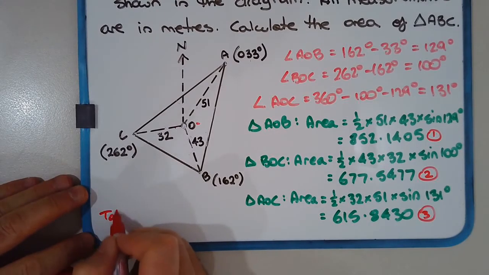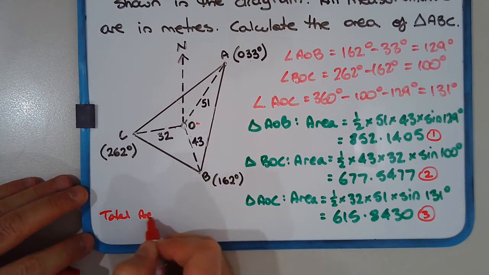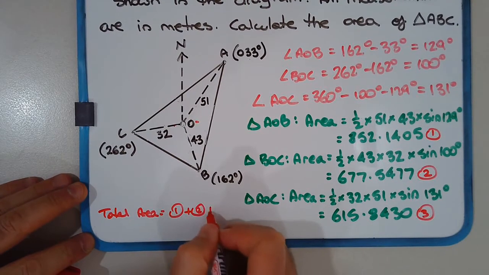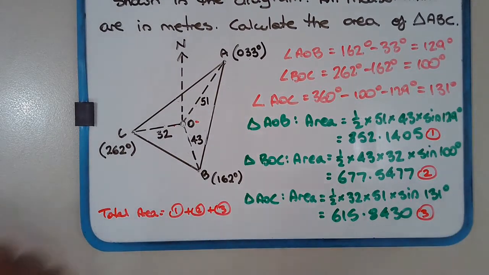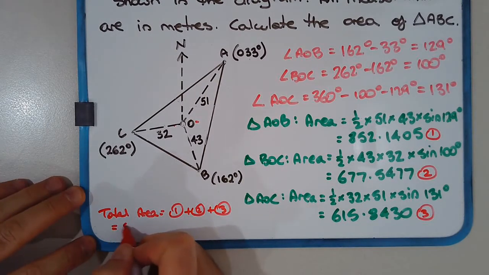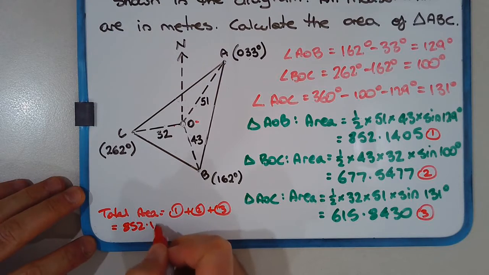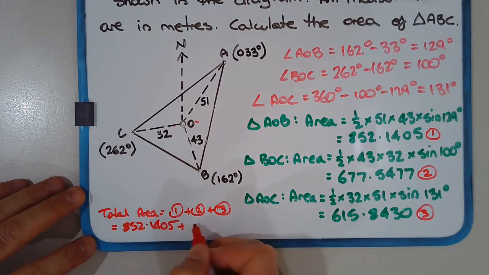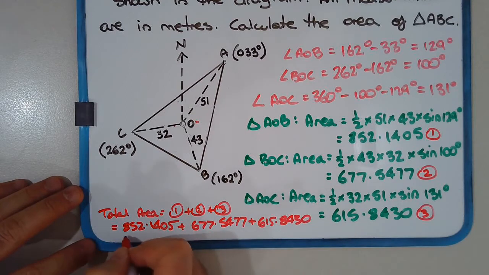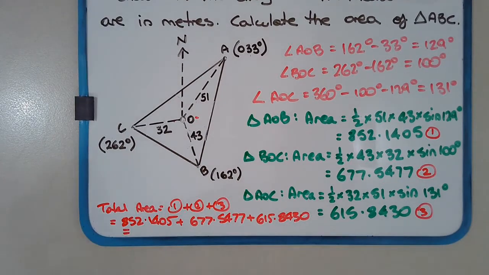So total area is equal to 1 plus 2 plus number 3, okay, which is equal to, so 852.1405 plus 677.5477 plus 615.8430. All right, hopefully got just enough space just to squeeze that in there.